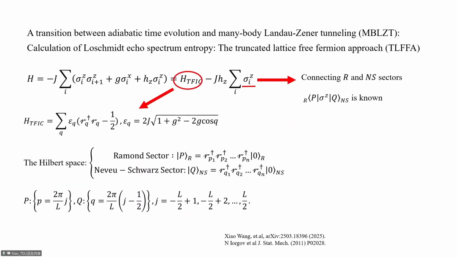This result has this Hamiltonian with the Ramond and Neveu-Schwarz components, and this is the energy of the corresponding state. The famous one is given by two different sectors, the Ramond sector and the Neveu-Schwarz sector, corresponding to the even fermion number in this paper.